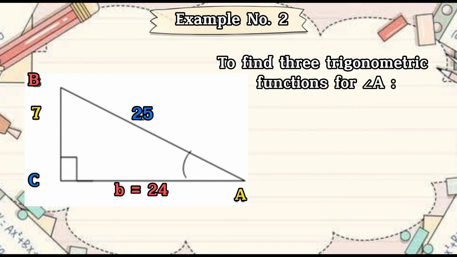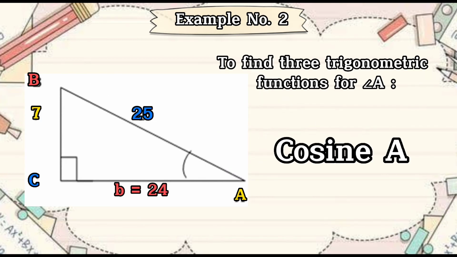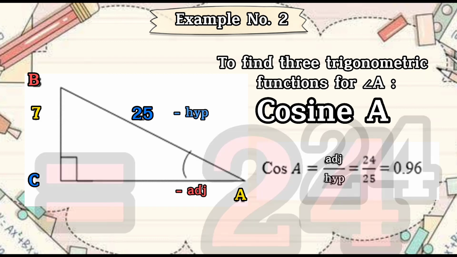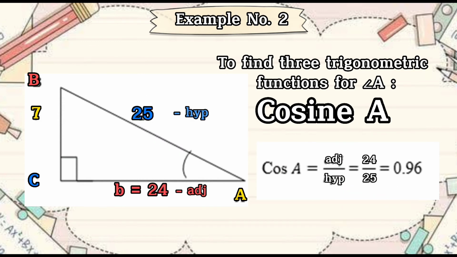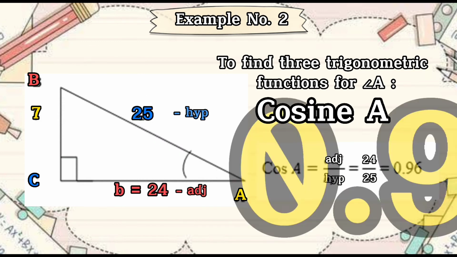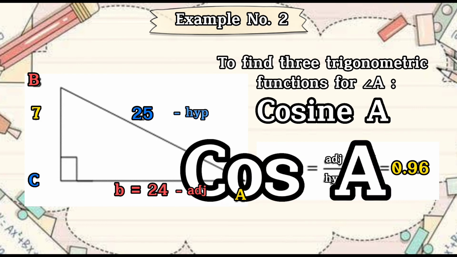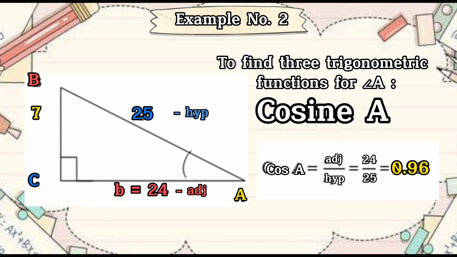Next, to get the value for cosine A, let us use the formula for cosine, which is adjacent over hypotenuse. At substitute lang natin sa triangle yung adjacent and hypotenuse. Therefore, 24 over 25 is equal to 0.96. Thus, cosine A is equal to 0.96.